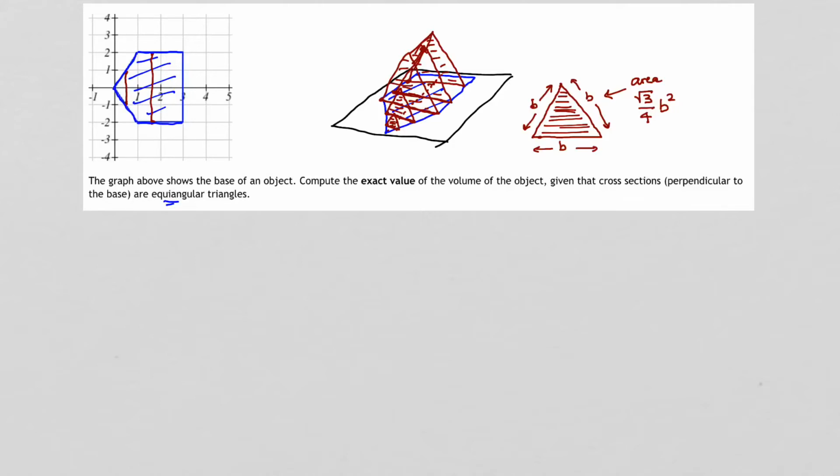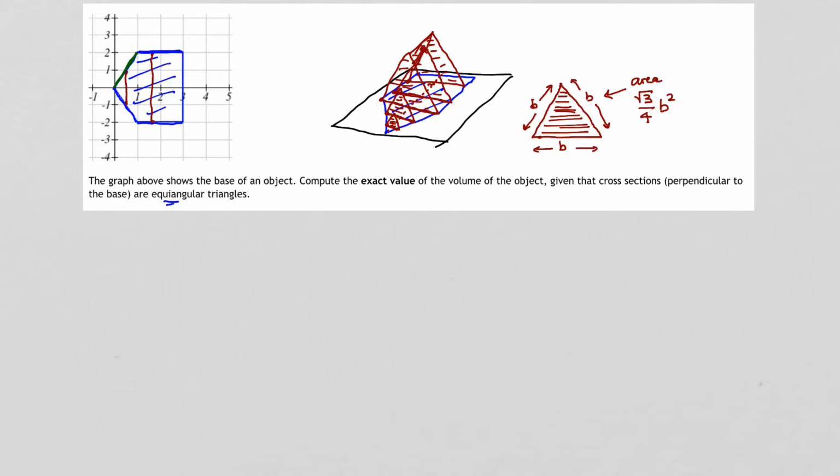And I observe that right here in this area, I have a top function. Here I have a different top function. And so that's telling me I'm going to need a couple different integrals to set up my problem.